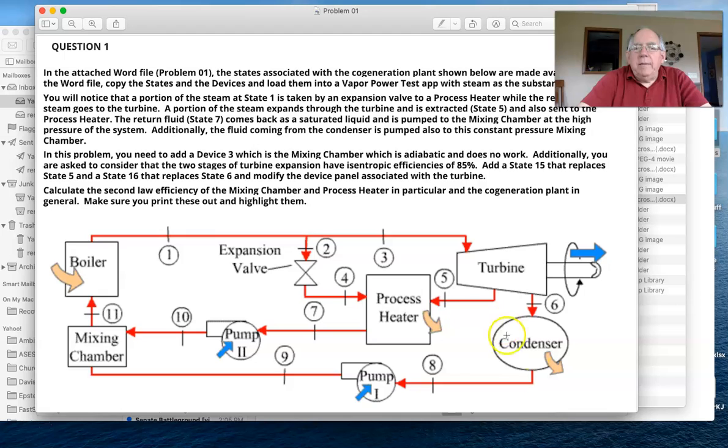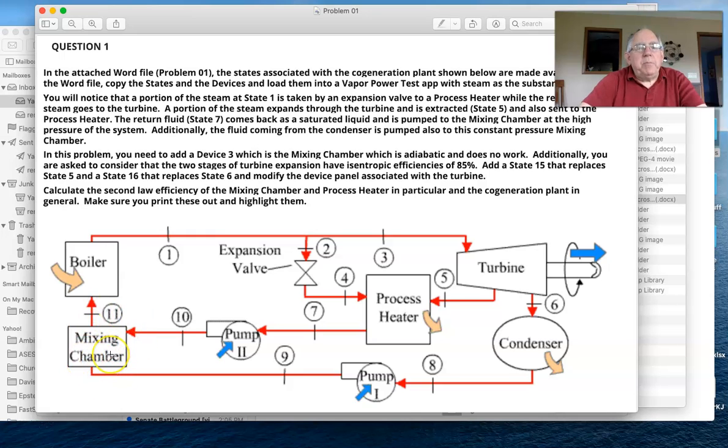That 5 kilograms then is in the condenser. It's then pumped to the mixing chamber. The 5 kilograms per second that was extracted off at 2 gets expanded through a valve into the process heater. The process heater is operating at the pressure of the extracted 15 kilograms per second. So 20 kilograms per second go through the process heater and come out at state 7, and that is then pumped up to the mixing chamber pressure.